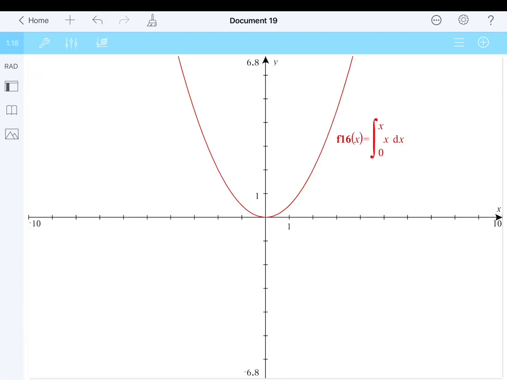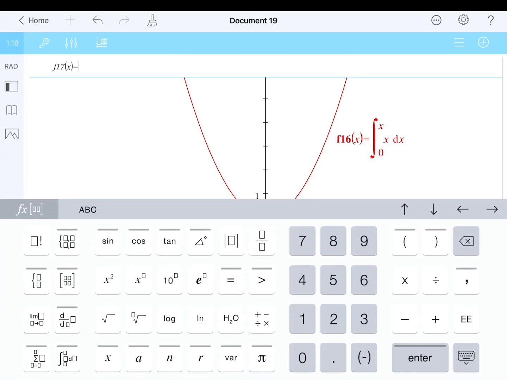So if you want to sketch the integral and then play around with its value, you can do that. But I want you to be careful with the lower bound, because if you integrate, let's say, the sine function, you get the negative cosine, but if you integrate from 0 to x, cosine 0 is a 1, you see? So you wouldn't get the exact sine shape. But you can integrate other functions, such as the cosine function, why not?